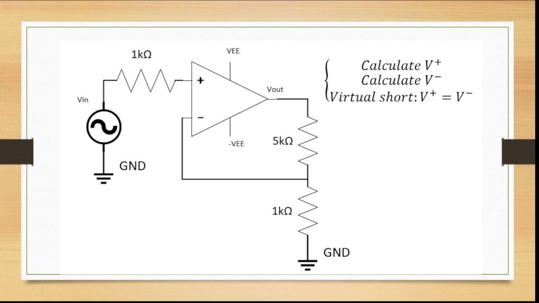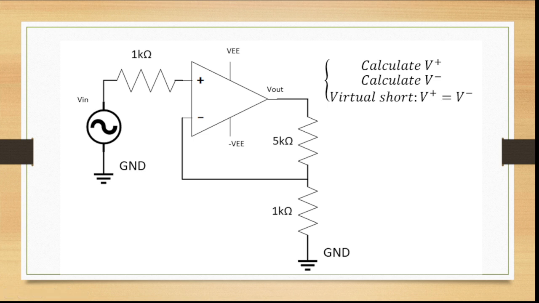To solve the circuit, we will follow three simple steps. We will first calculate the non-inverting input and the inverting input, and later we will set V plus equal to V minus. Why is that?